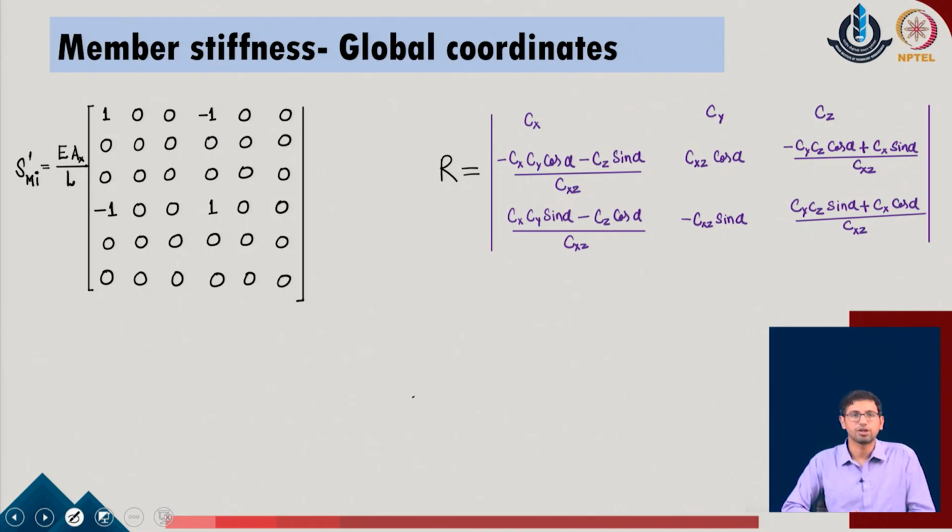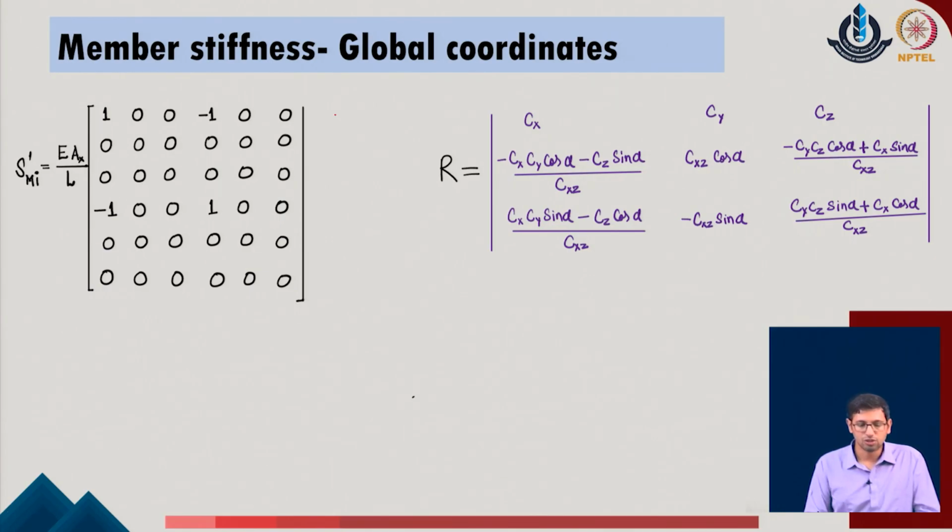Now, as a next step, we need to identify the member stiffness. We have already said that to identify the member stiffness, the first thing the user needs to know is the element local coordinate stiffness matrix, and that is a very simplistic one because it is a simple plane truss.